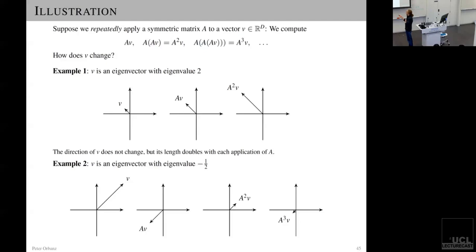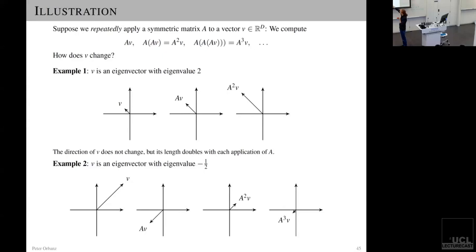Here, let's just apply the same matrix multiple times to the same vector. We start with some vector v, and I apply the matrix to that once. I get Av. Then I apply the matrix again to the vector that I got, so I have AAv, that's A squared v, and so on. What is going to happen? In the first example, this is my vector v, and it's an eigenvector with eigenvalue 2.